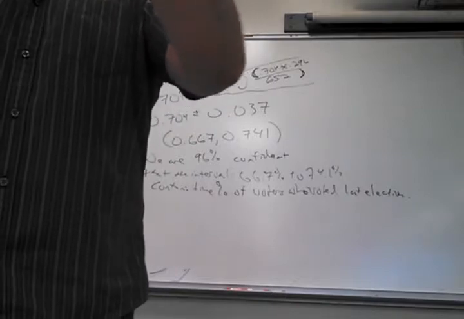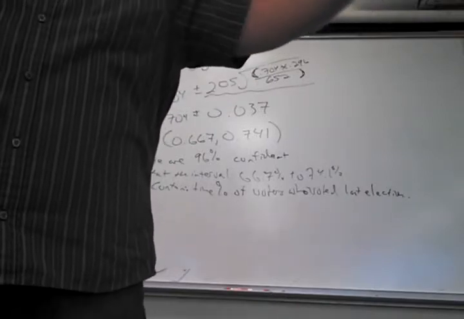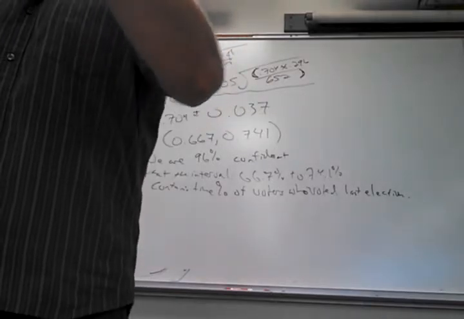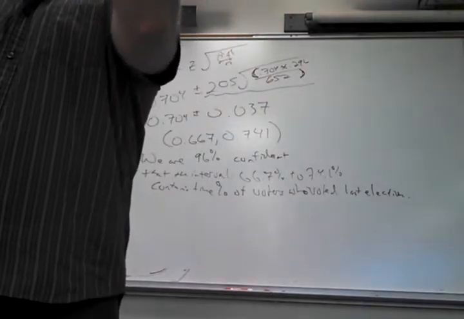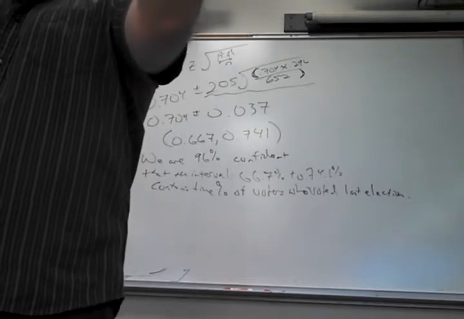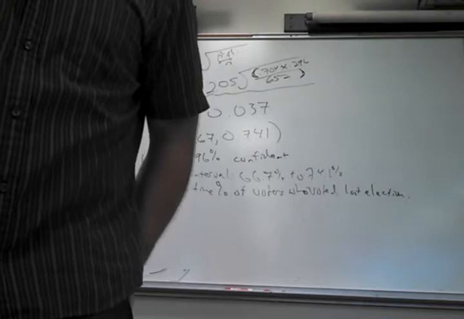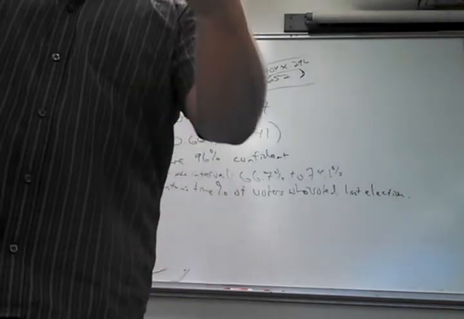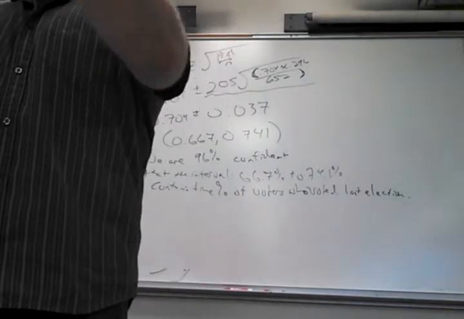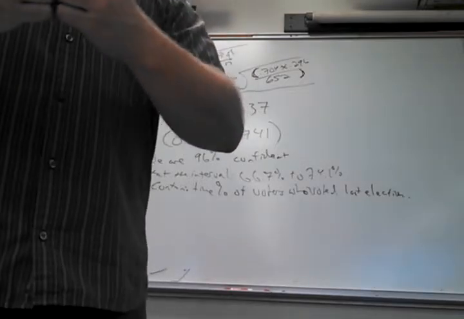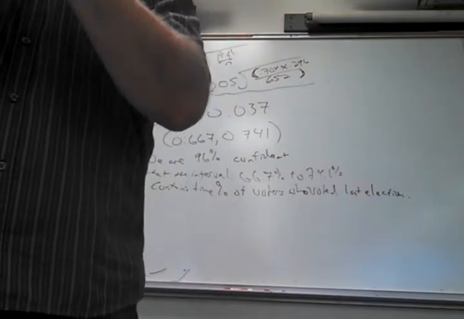It's less and less needed. The bigger my sample, the more sure I am about the standard deviation I get. The less sure I am about something, the bigger the t has to be to cover for not knowing. But the bigger my sample gets, the smaller t can be. So if my sample is large enough, all the way at the bottom, I could just use a z-score. I don't need t-scores as much. I'm really certain about my standard deviation.